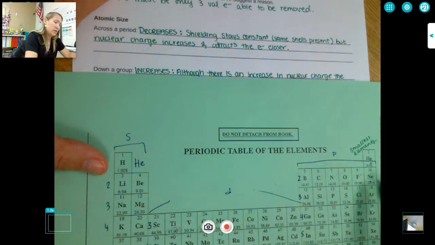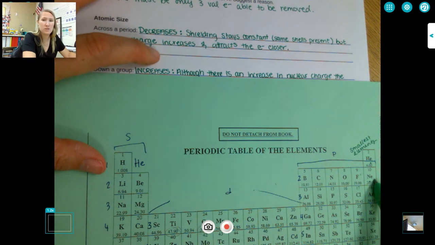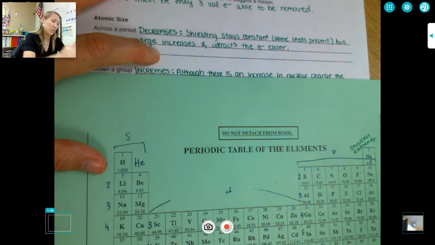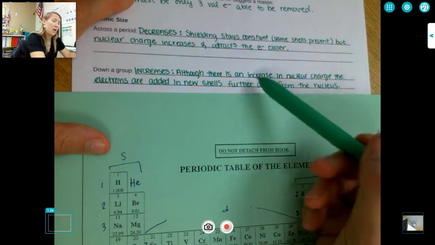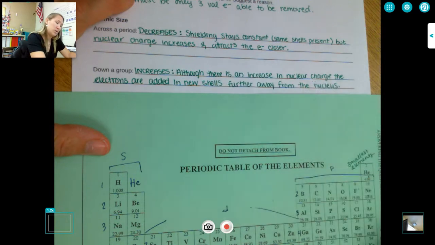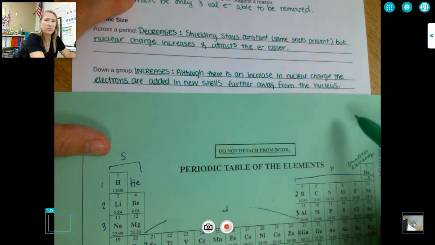And as my nuclear charge increases, but my electrons are in the same shell, that means that I'm increasing my Coulombic attraction of my nucleus to my outermost electrons, and I'm able to attract them in closer, so it gets smaller. Going down a group, although there is an increase in nuclear charge, electrons are adding in new shells further and further away from the nucleus.